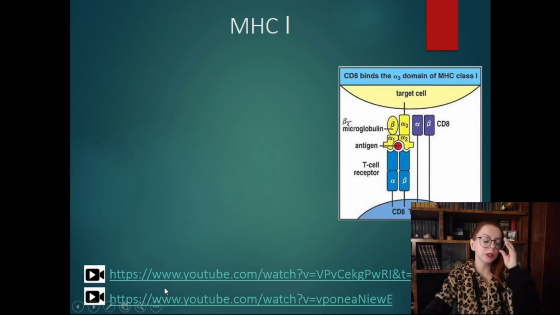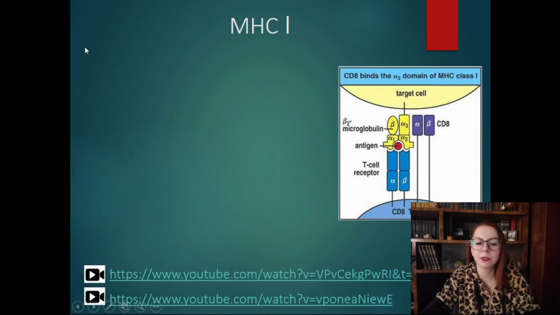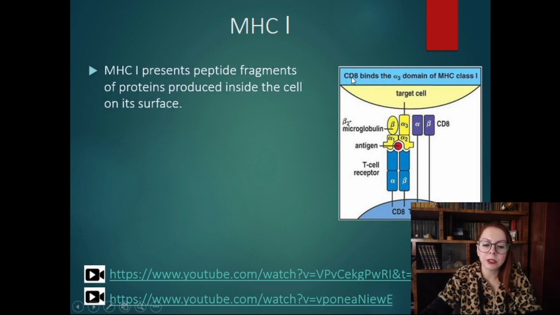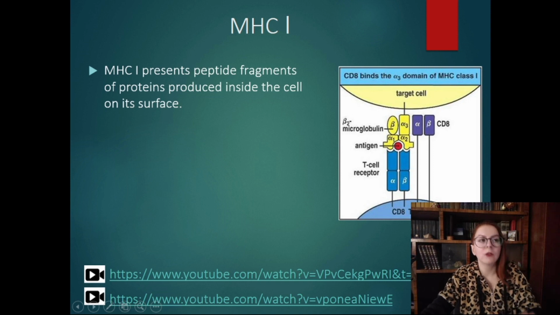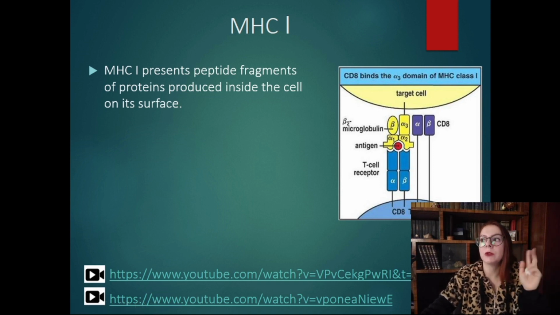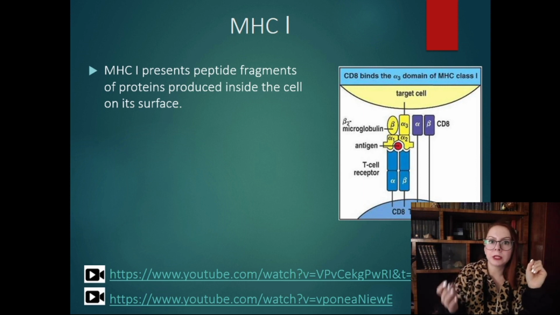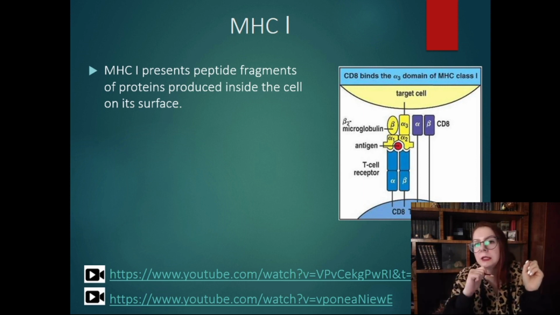So now we have to say that MHC type 1 is recognized by CD8 killer cells. From the lecture on blood, you remember that we have two types of T cells, CD8 killers and CD4 helpers. And now we are going to understand why we need those CD8 and CD4 receptors.